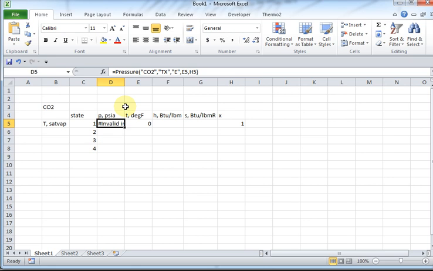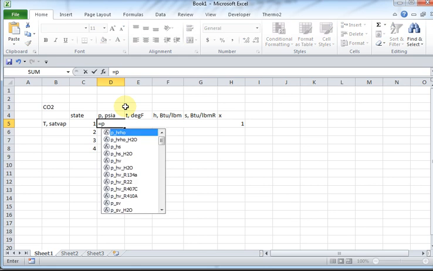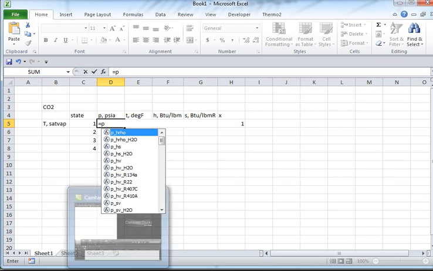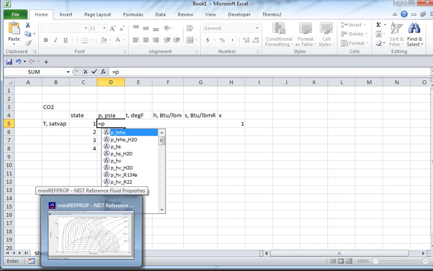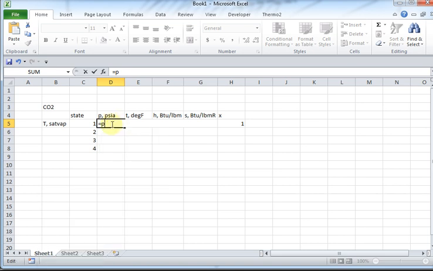How about this? Pressure. Go to a quick Google search. Where do I have it? But this is the built-in from the University of Alabama.